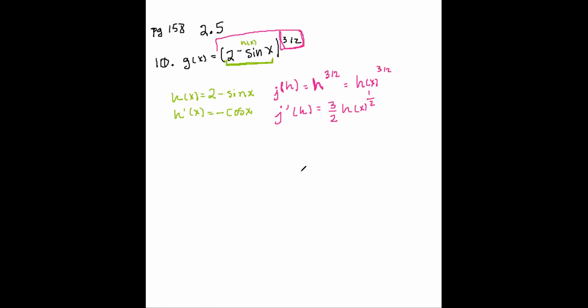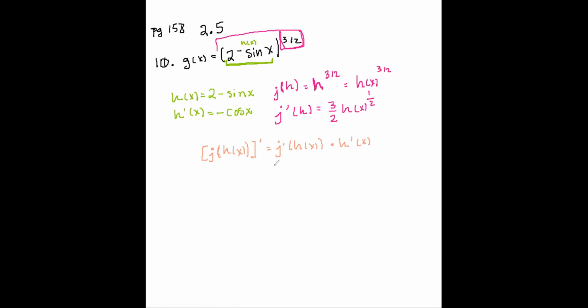So I'm going to write down my rule for the chain rule. The chain rule says something along these lines. If you have this function J of H of X, and you want to take its derivative, it's going to be J prime of H of X times H prime of X. Correct?